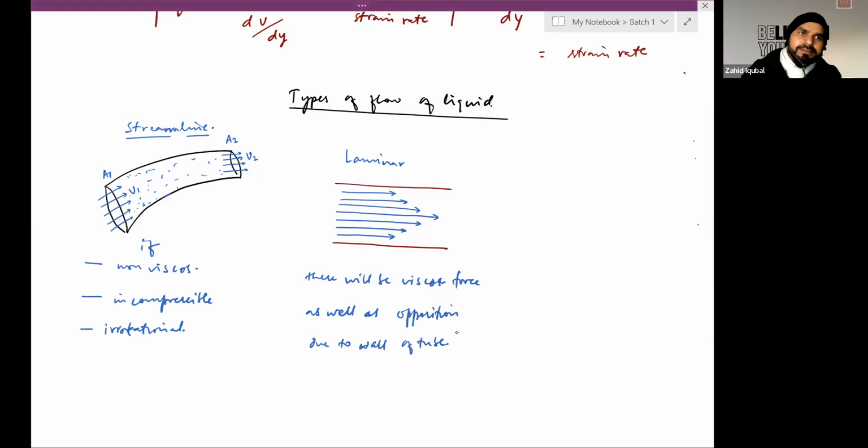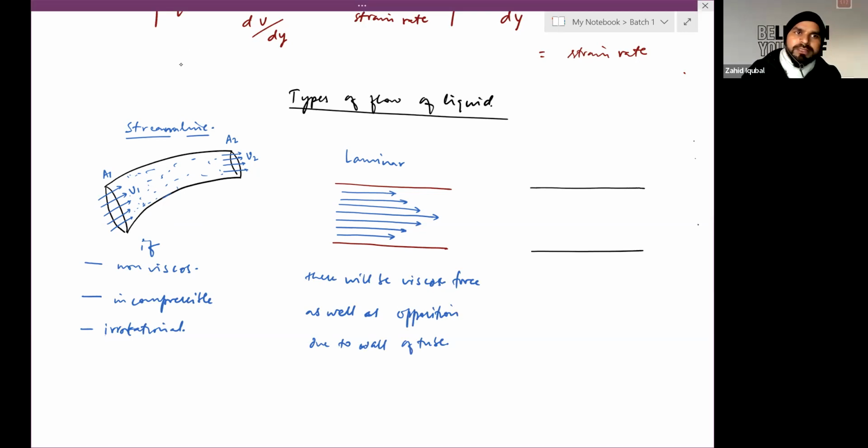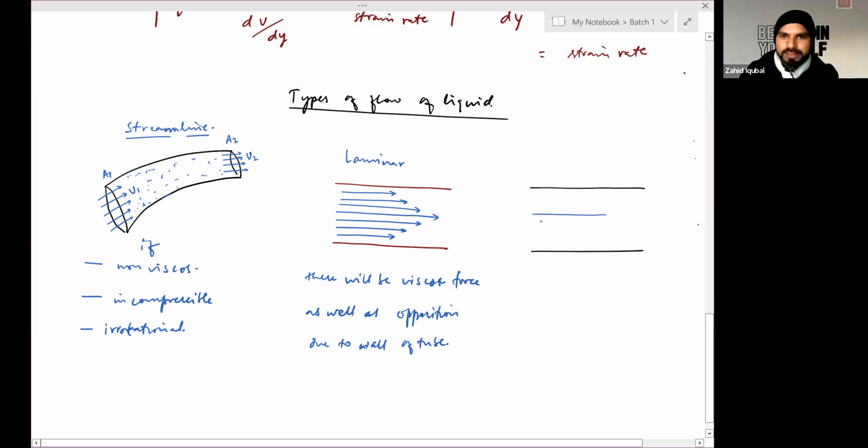In the third part, suppose you have a tube in which there is a particle in the path of flow of liquid. Due to this, the liquid will move faster and may get curled at this open space.